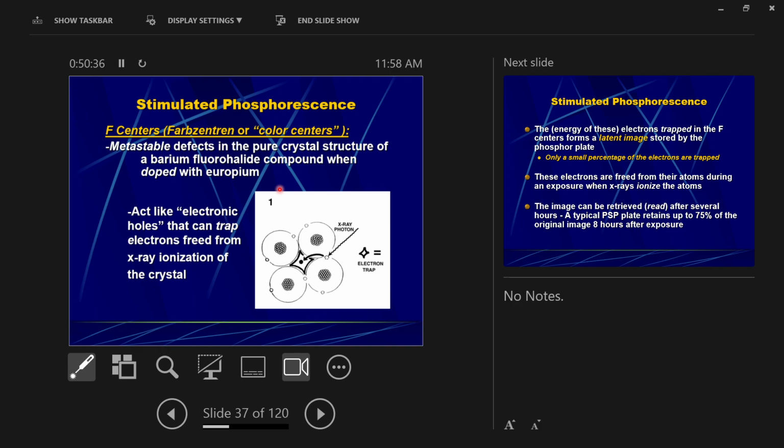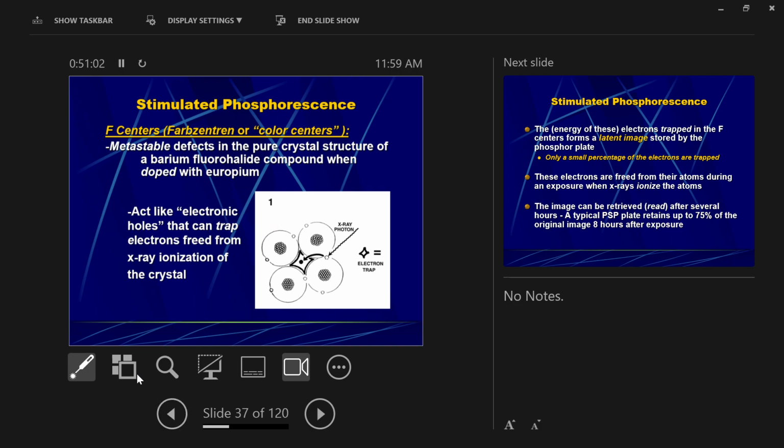But over short periods of time, hours or so, the book stays up. The electron stays trapped, holding on to all of the X-ray energy that it had just absorbed, until we can get that plate to a processor that can release that energy, okay? And then let the book fall.